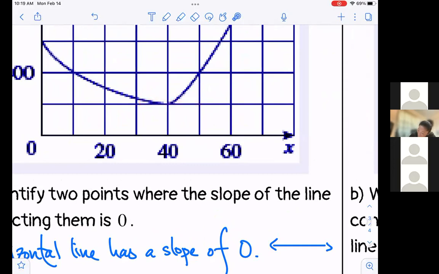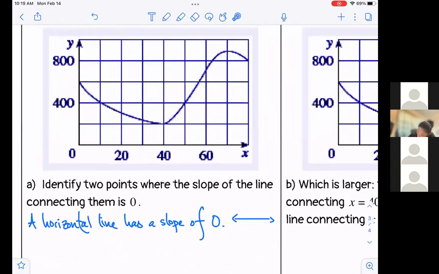60 and 80. Looking at a different part of the graph we haven't really looked at yet. So it looks like maybe 60 and 80. Give me a different number. Change the 60 a little bit, because I think you're on the right track.